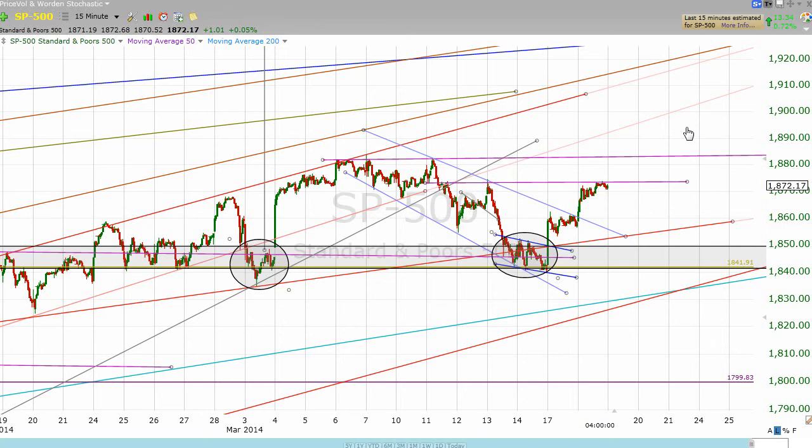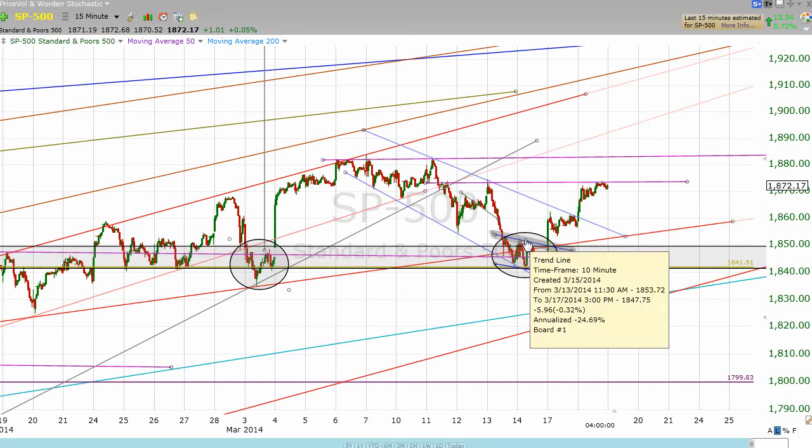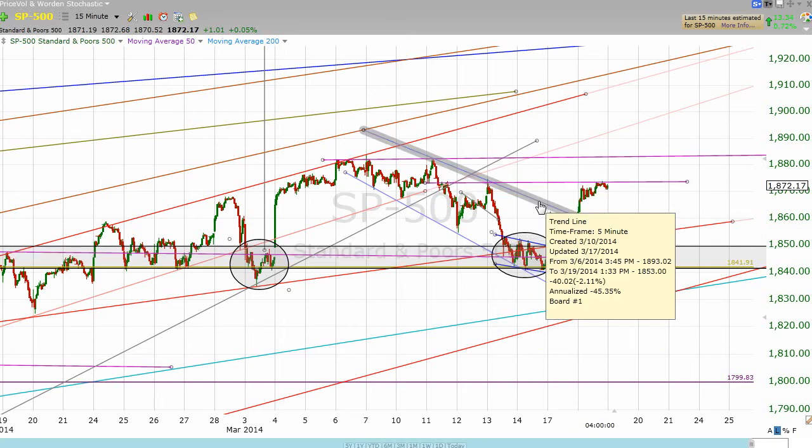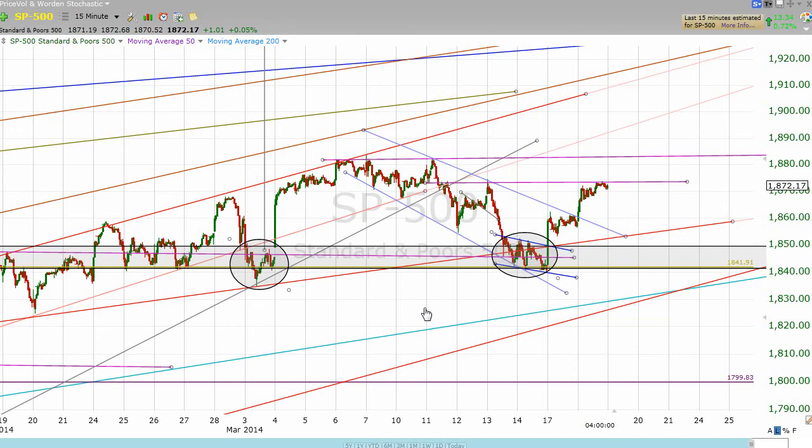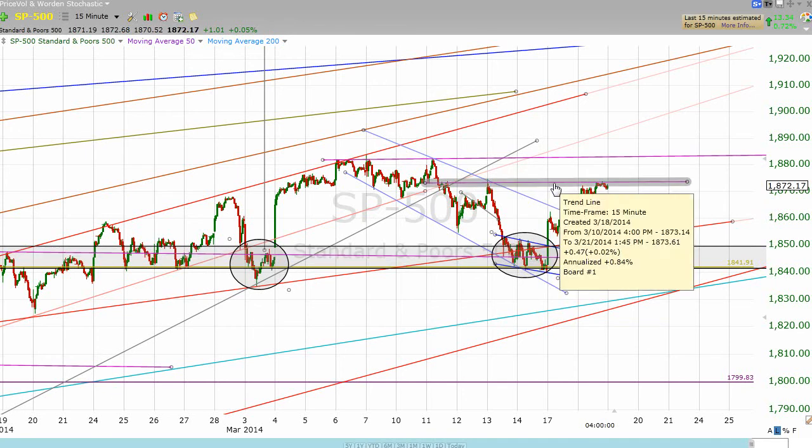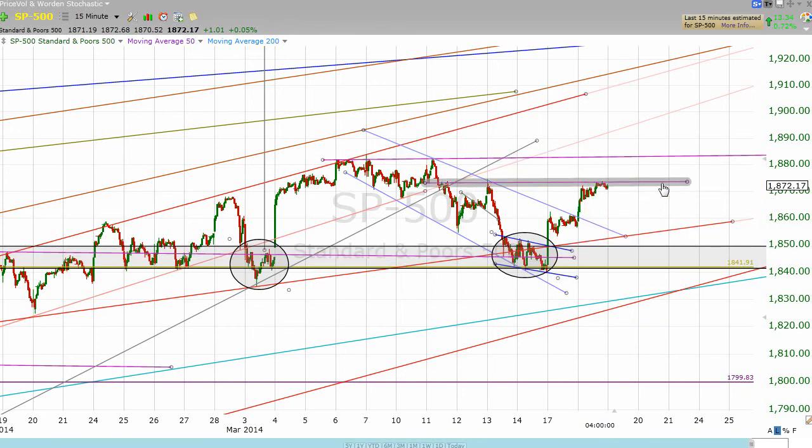So basically, just to cut to the chase, we got over this line, we got over this line. Both of those have bullish implications. Now, I say the next step is over this and over that, and we are on our way into the 1900s.